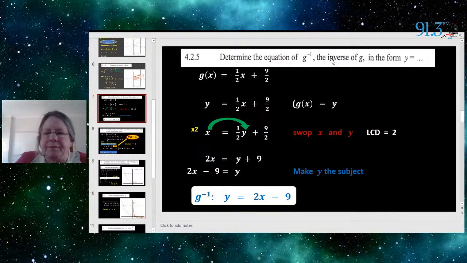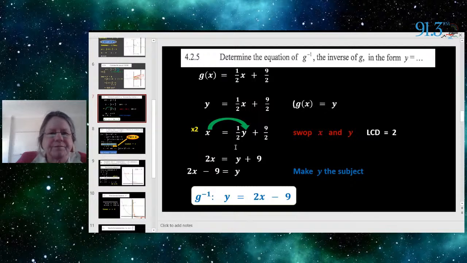The rule is simple. We swap the x and the y. So this you need to study. If they ask for an inverse, and it's that little -1 sign over there, we do it by first, whatever equation they give you, swapping the x and the y.